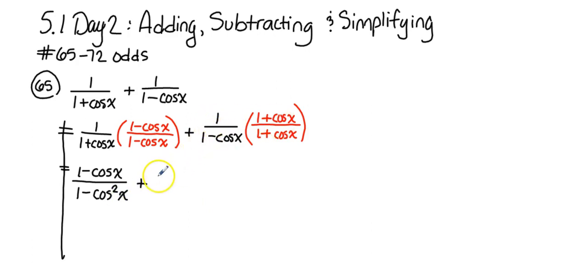And then here, 1 times anything doesn't change its value. And once again, 1 minus cosine of x, 1 plus cosine of x creates the difference of squares.